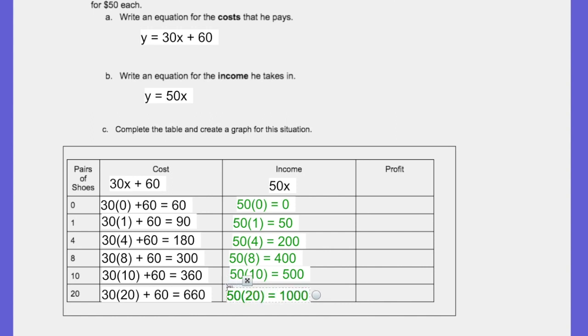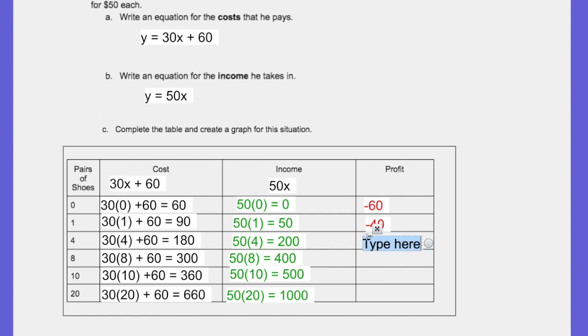All right, when we look at profit, we're like, hey, did he make or lose money here? So I'm going to do income minus cost. So for this first one, income is 0, cost is 60. He lost $60. Second one, 50 minus 90. That's negative 40. Now he starts to make money though. I'm going to use green for money.